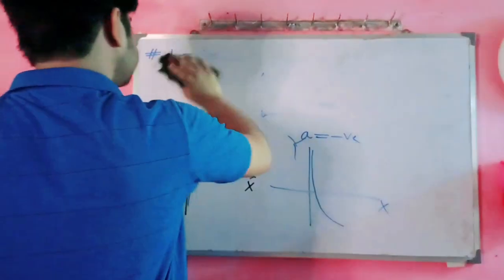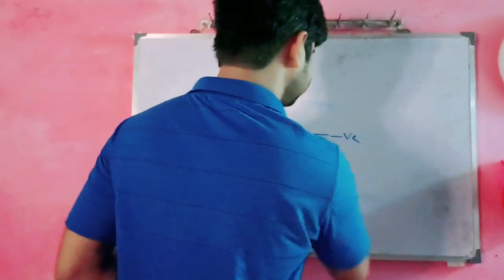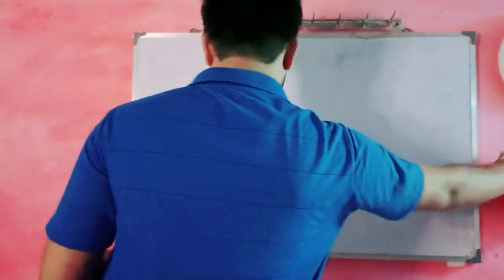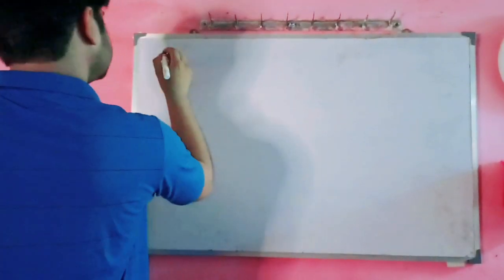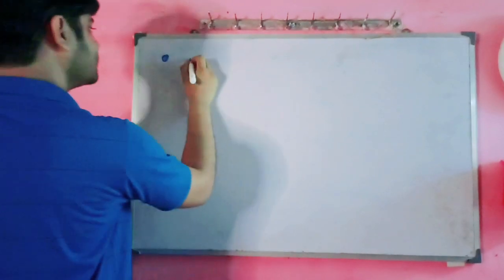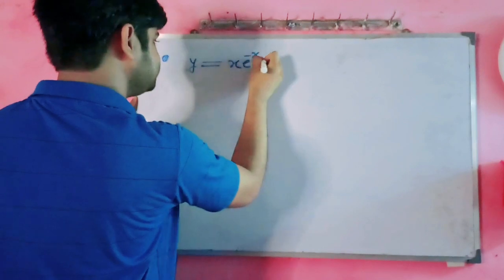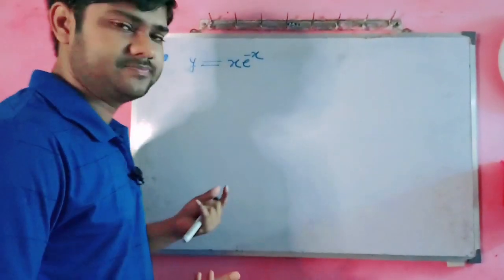Now let us move to the most important part, which is the mixed graphs. Take this example, y equals x e raised to minus x. How will we now proceed?